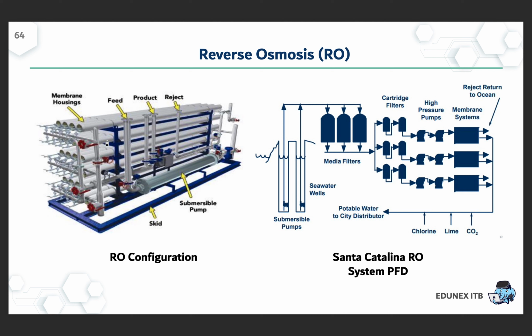But the drawback is the operation pressure of RO is quite high. For RO to operate in good condition, you need to put the feed at high pressure, around 40 to 80 bars. The pressure is high, but for places where water is very scarce, this is still feasible.